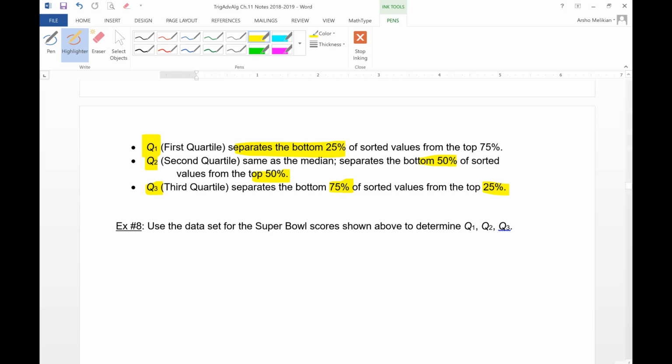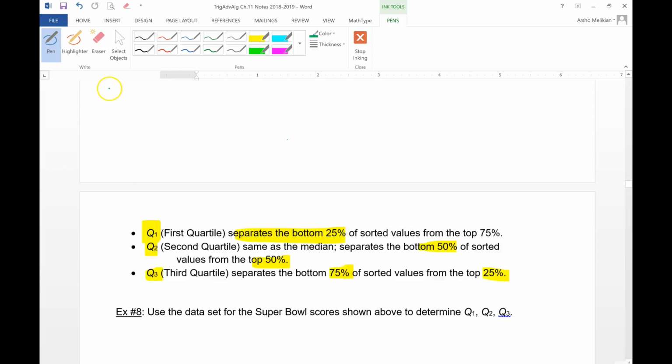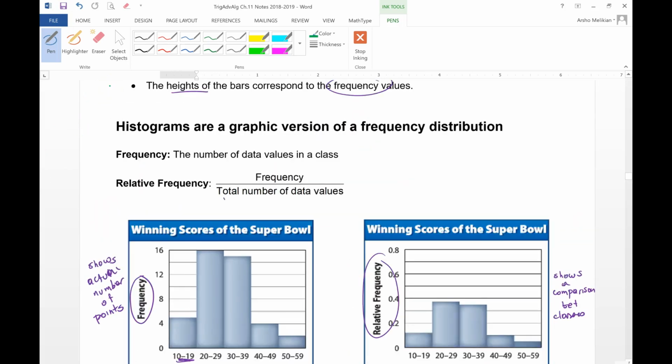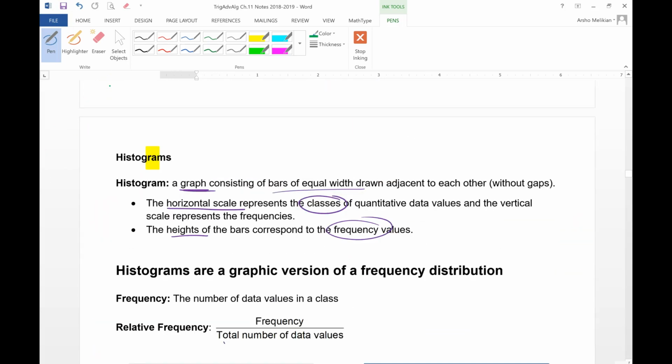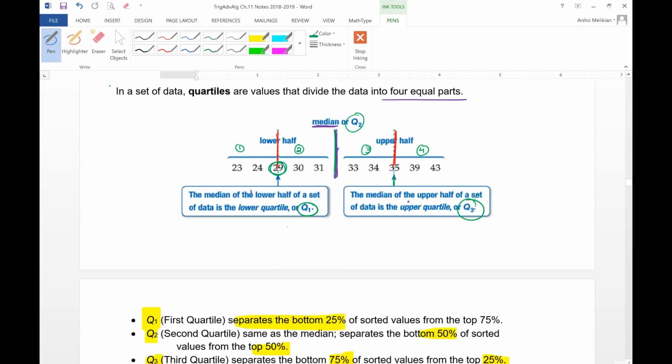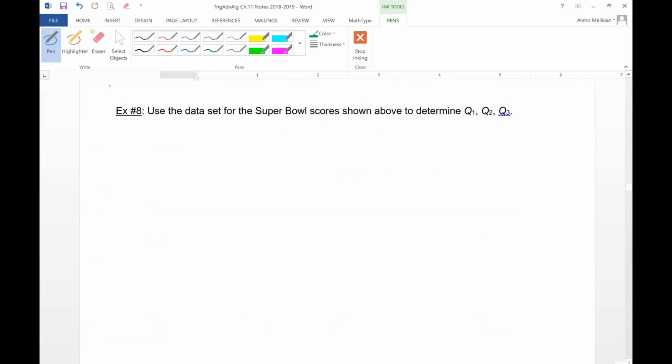All right. So now what we're going to do is we're going to use the data from the Superbowl example to determine Q1, Q2, Q3. So let's go back here. Is that data sorted? It is not sorted. So we have to first sort them.